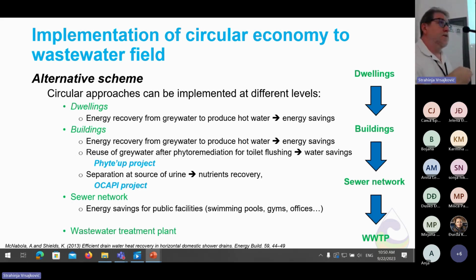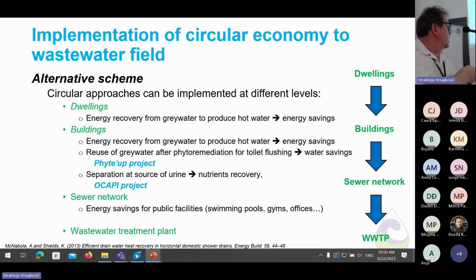So at the sewer network within the trunk, there's some possibility to recover energy, because wastewater is always at the same temperature, between 13 to 16 or 18 degrees. Therefore, the calories you can recover help you to warm a building in winter, but also using a heat pump, you can cool a building during summer.